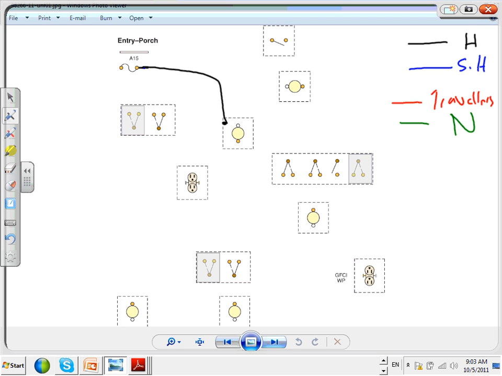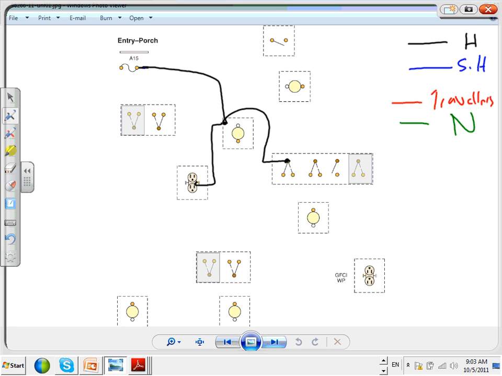I brought the hot to the light, and from the light, I went to the switch. So I went from here to here, to the switch. Also, from the light, I went to one of the three-way switches and brought the power to the three-way switches. So I brought the hot also to this three-way switch right here.